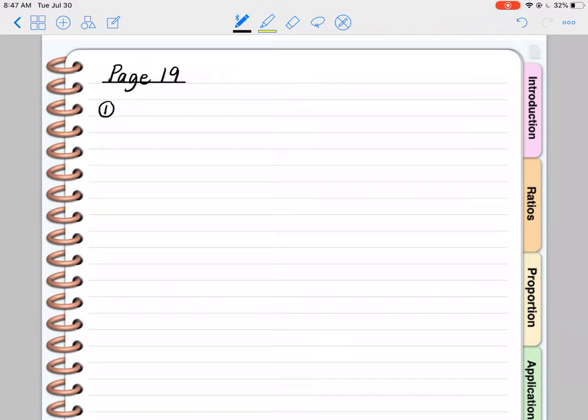Gas costs $3.69 per gallon. That one's sounding right to me, but let's look at all of them. When you buy 1 box of cereal, you get the second box free. That doesn't have anything about price. It costs you $17.50 to buy 2.5 pounds of fish. Well, if it were 1 pound of fish, I would go for it, but 2.5 is not a unit rate.